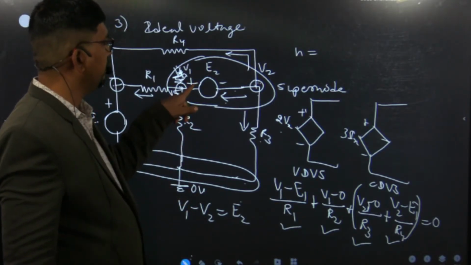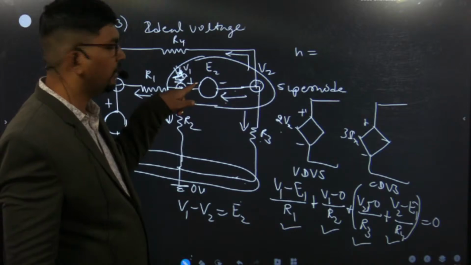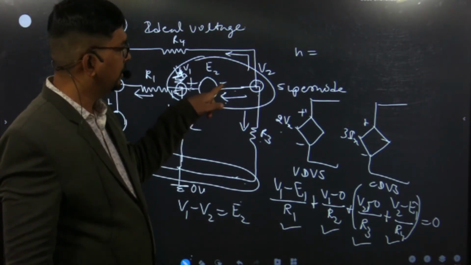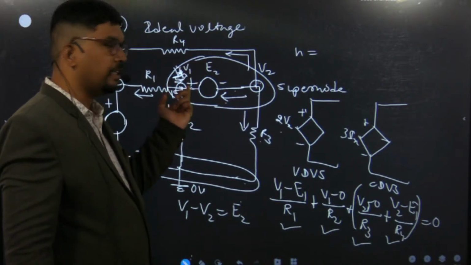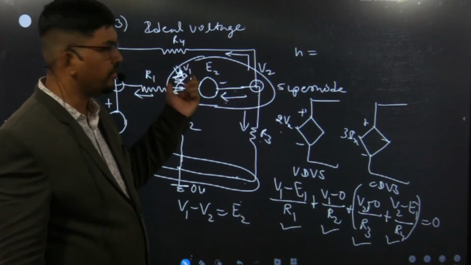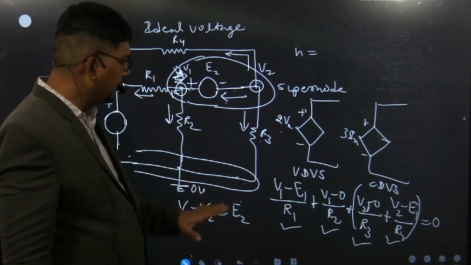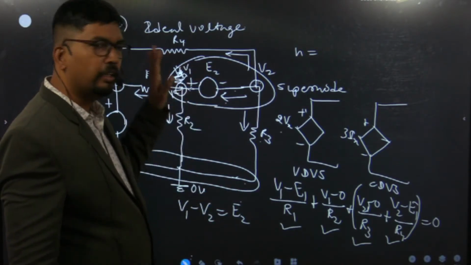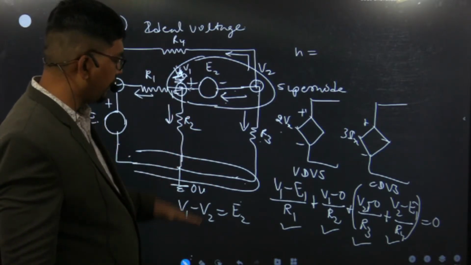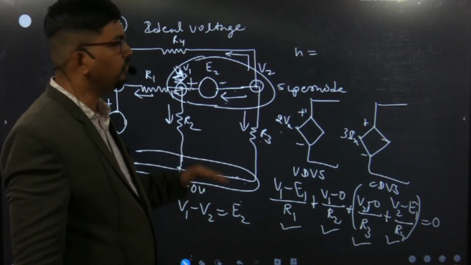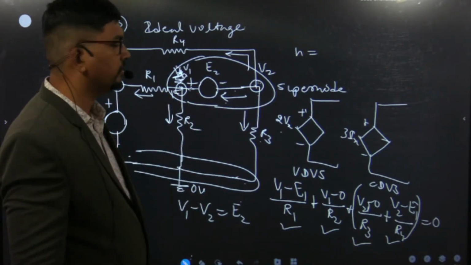Because V1 is connected to the positive terminal of E2. Suppose this polarity of E2 is reversed, the right hand side is plus and the left hand side is negative. In that condition the equation will be V2 minus V1 equals E2. Again, you are given all the circuit parameter values, you have to find V1 and V2, and depending upon the values of V1 and V2 we will determine the actual direction of the current.